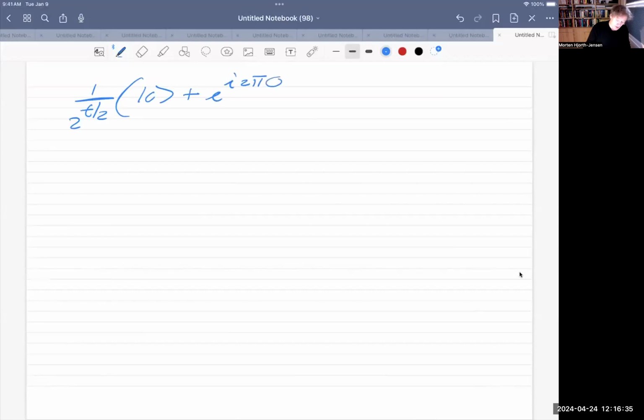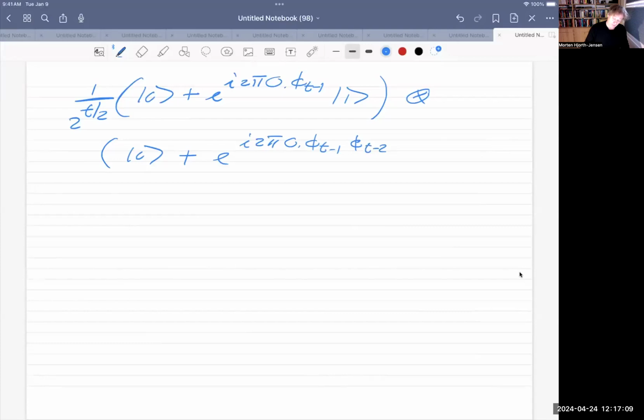And depending on how we organize the states, let me just rewrite it. So we have t minus 1, given by a qubit with the state 1, and tensor product with 0 plus e of 2 pi, and then multiplied with phi of t minus 1 and phi t minus 2.